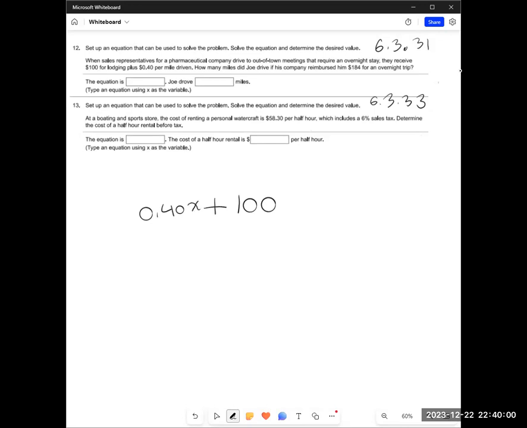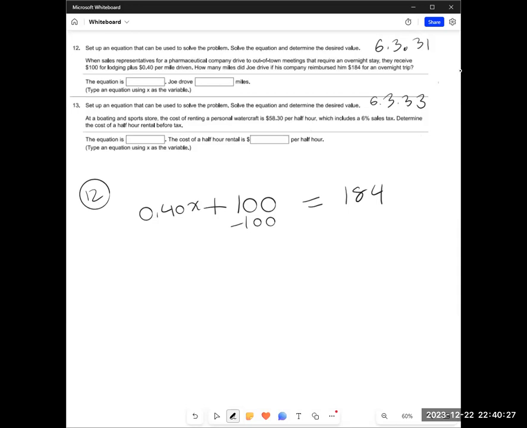How many miles did Joe drive if this company reimbursed him $184 for an overnight trip? So there's my equation. I'm just going to call this 12 because that's how it's numbered on the paper here, but it's problem 31 in the textbook. So 40 cents per mile plus $100 for lodging, and they paid $184.